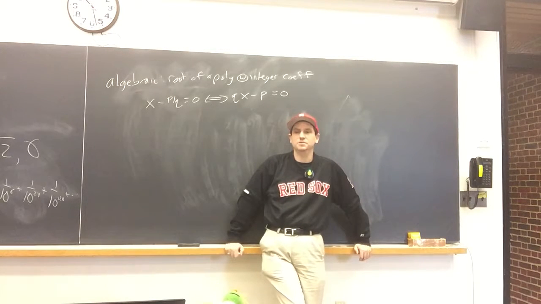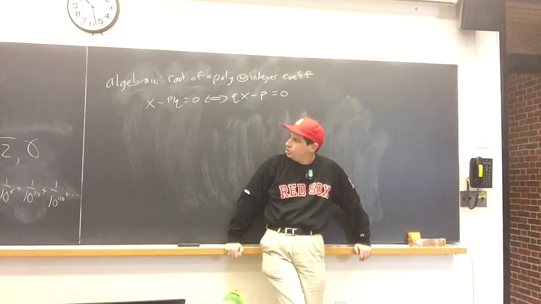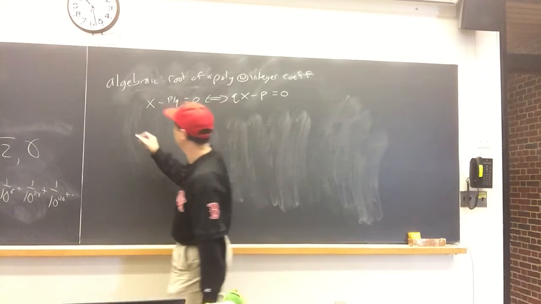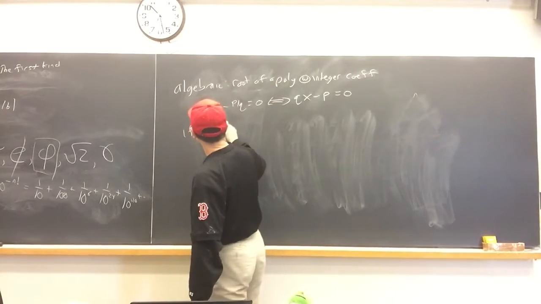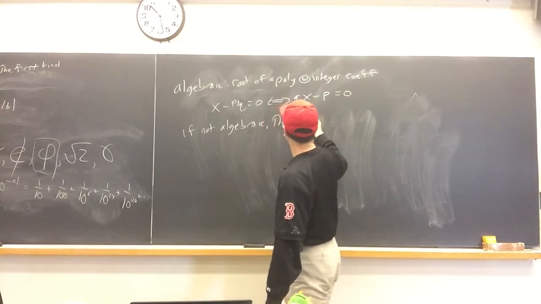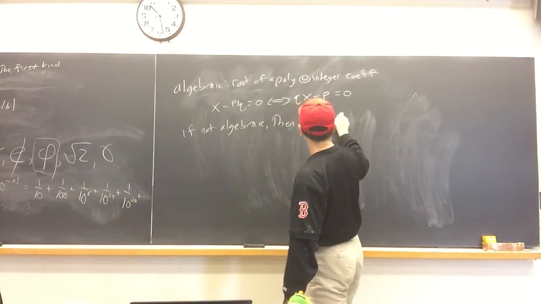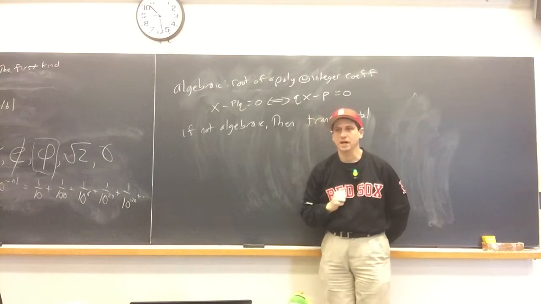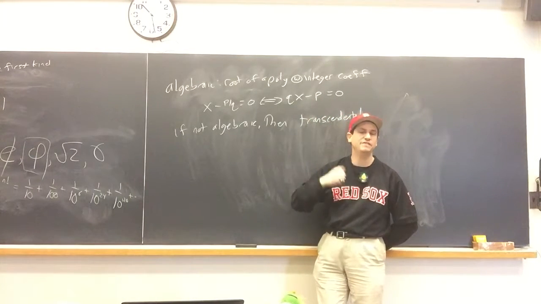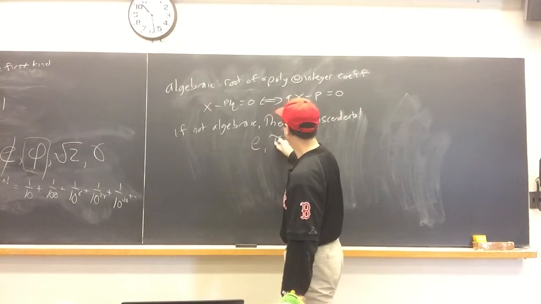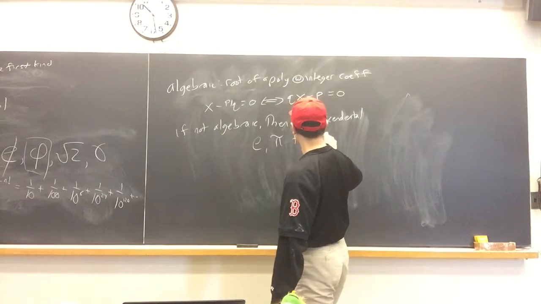It is a big theorem that numbers like pi and e are transcendental. We could prove the transcendence of them. Transcendental is not algebraic. If not algebraic, then you're transcendental. And so we will definitely do enough so that if you want to, you can read the proof that e and pi are both transcendental.